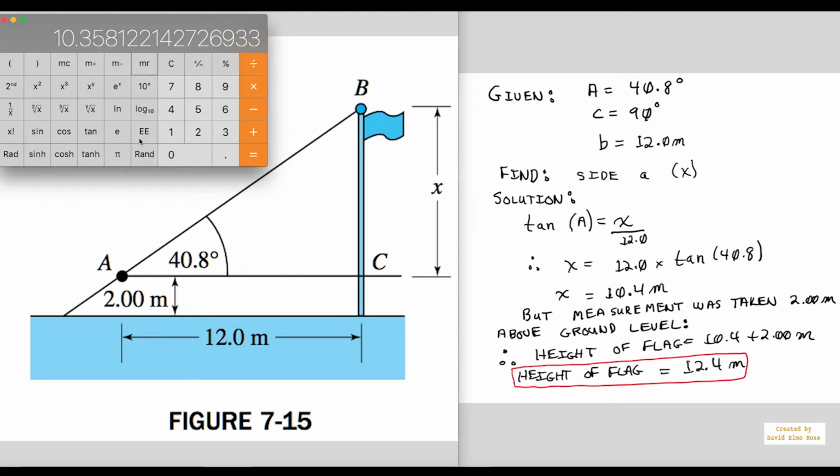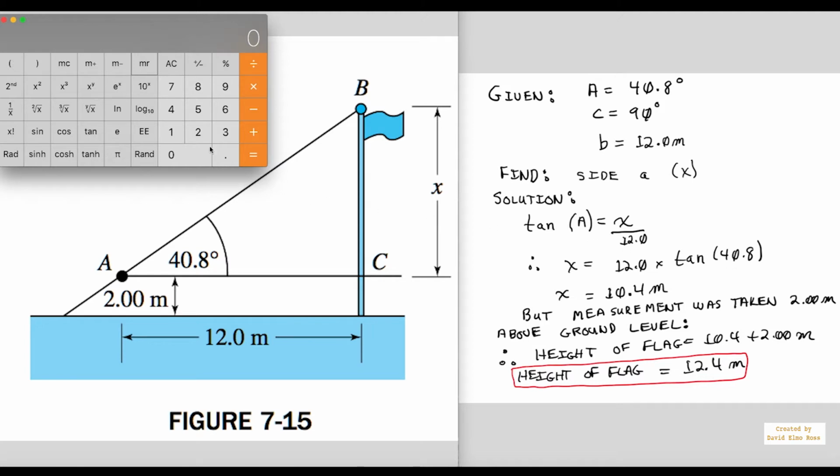So let's see how we would go about figuring that out. Here, if we measure the tan of the angle, that would be equal to this distance here, which we know, over this distance, which we don't. So to rewrite this equation, the distance we're looking for is going to be this side over the tan of A. So this side we know is 12.4, and then we're going to divide it by the tan of A.